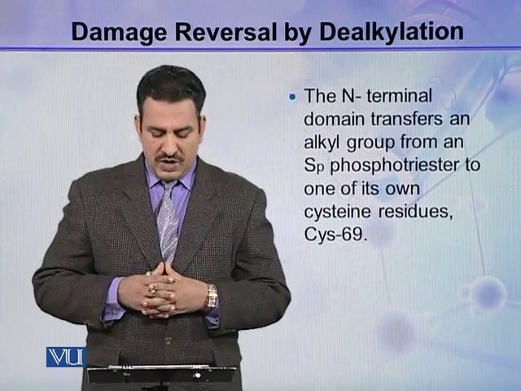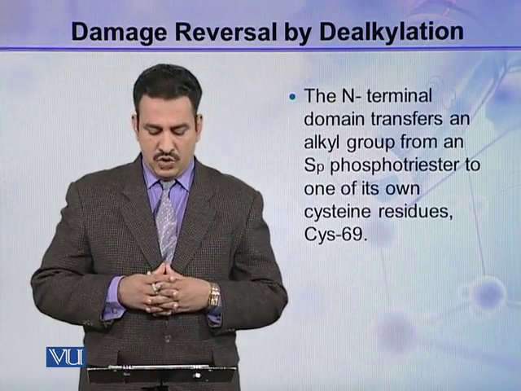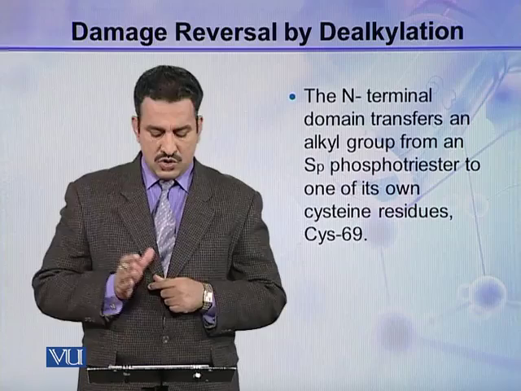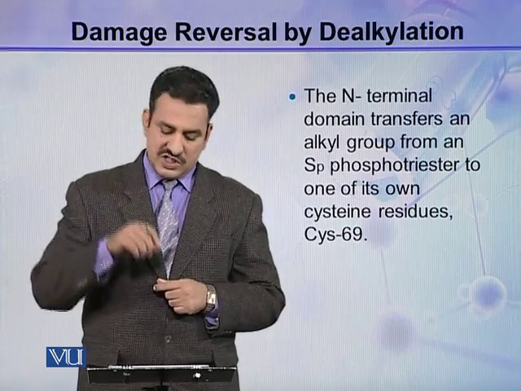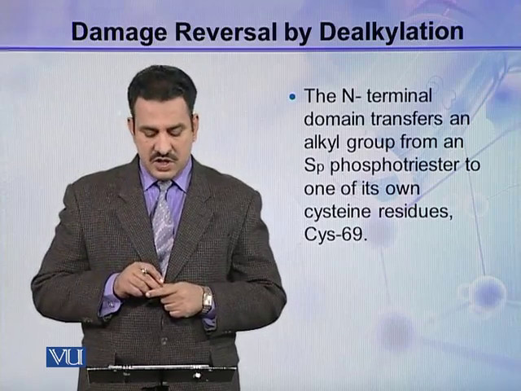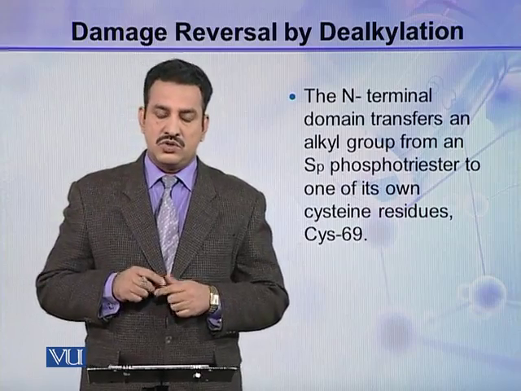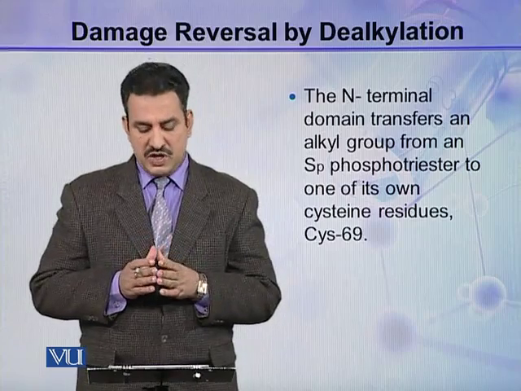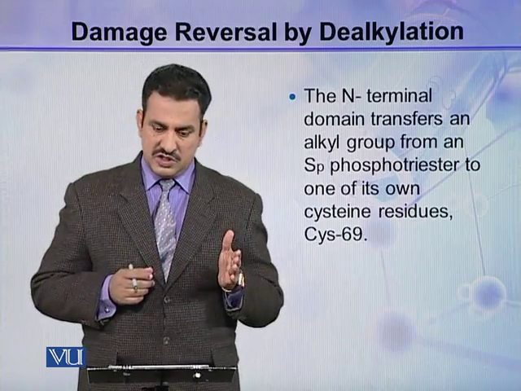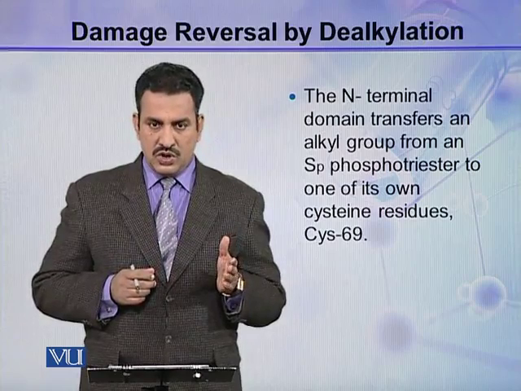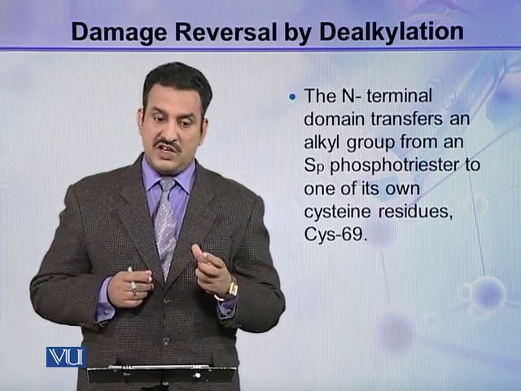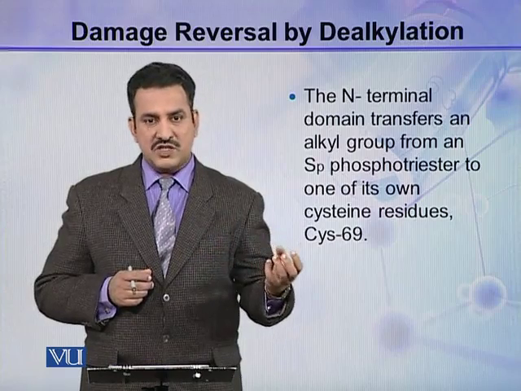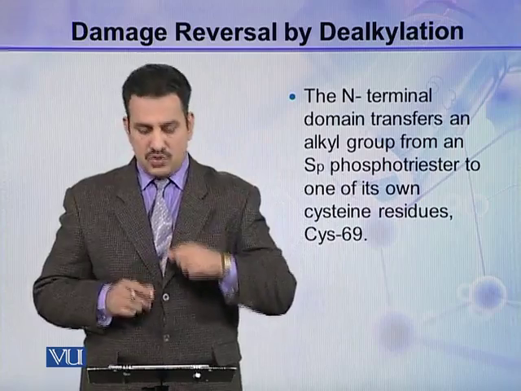The N-terminal domain transfers an alkyl group from an Sp phosphotriester to one of its own cysteine residues, that is cysteine 69. So there is a cysteine residue present in the N-terminal domain, and this cysteine is Cys69. So this enzyme can directly transfer the alkyl group from phosphotriester to its own cysteine.